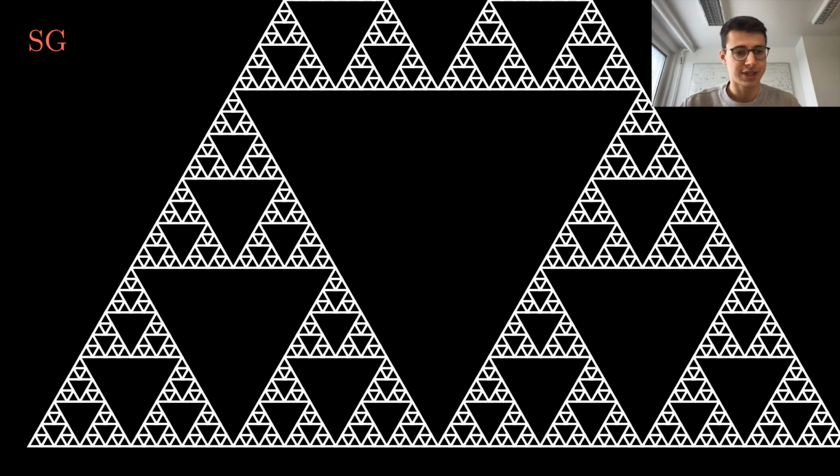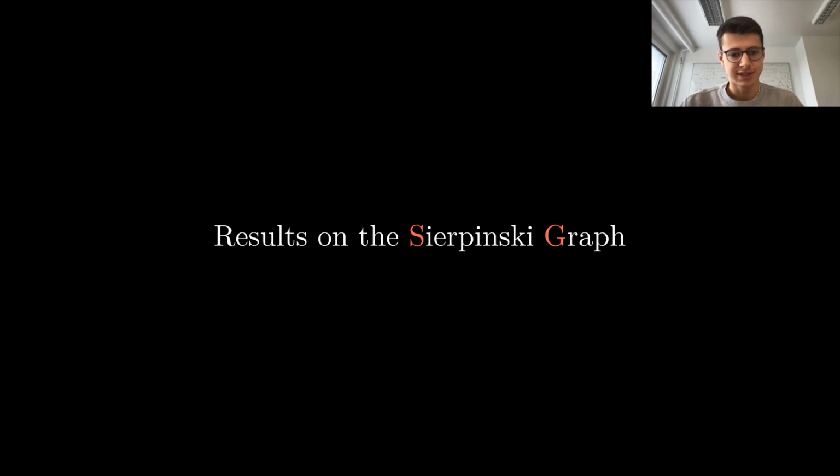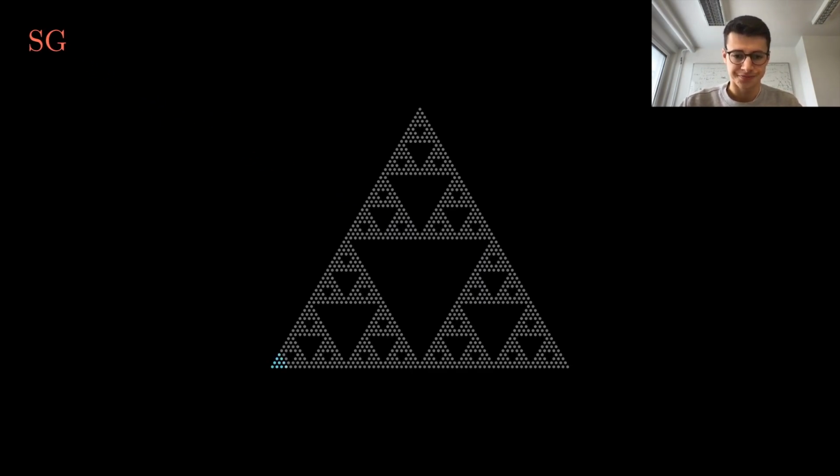Our specified vertex where particles will start is on the bottom left here, which is also illustrated by this white circle. So this is the graph we are now interested in. Let's start again with a small simulation.